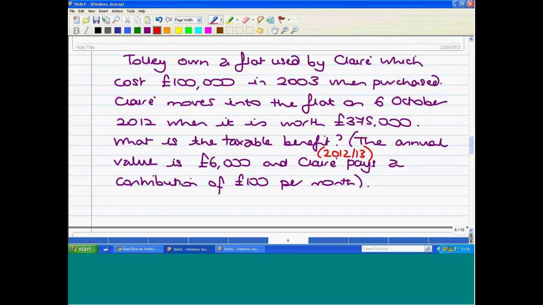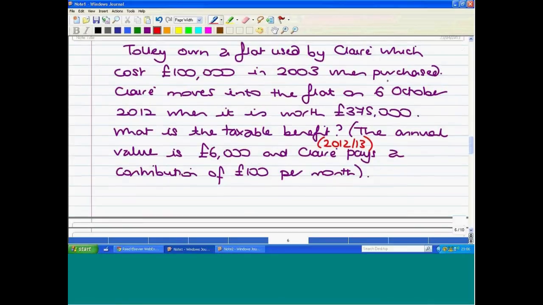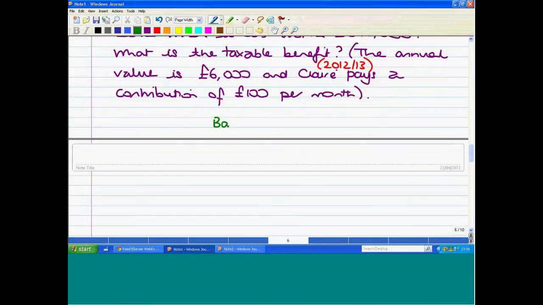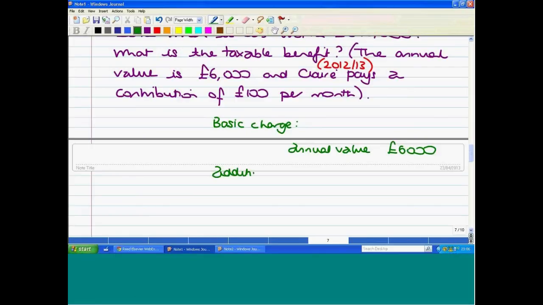Now, Tolley own that flat, they're not renting it. So let's start with our basic charge. We've got nothing to compare, it's just going to be the annual value, which we're told is £6,000. Now, we know the flat is expensive, so we're going to have an additional charge to calculate as well.